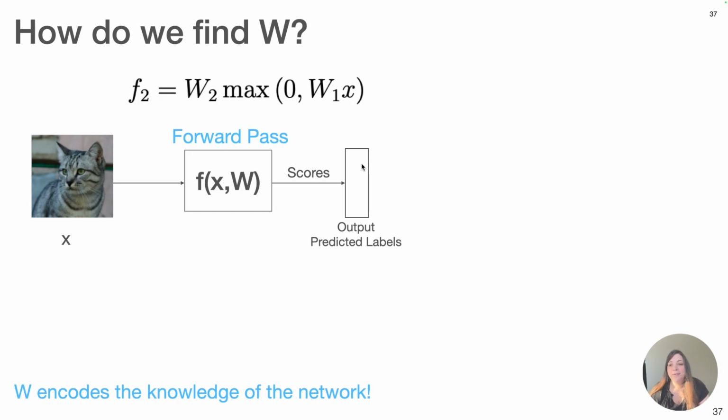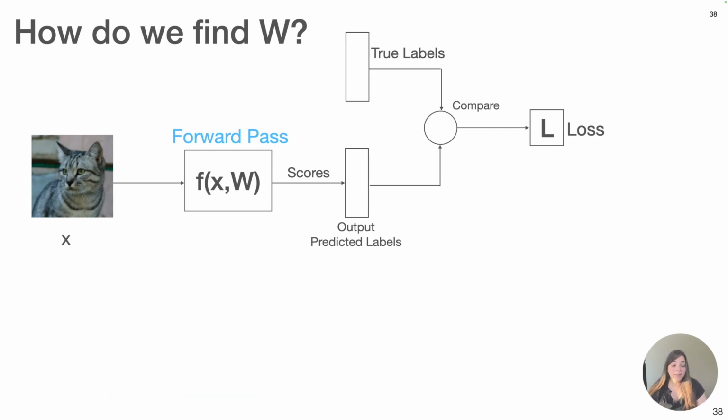Okay, so we started with some random W1 and W2, and we get some random output that is not meaningful at all, and it doesn't really represent anything. However, because we have annotated data, for every image that we do this computation on, we actually have the true labels as well. So we're going to compare the output of our model versus the true labels. We will compute something called the loss function.